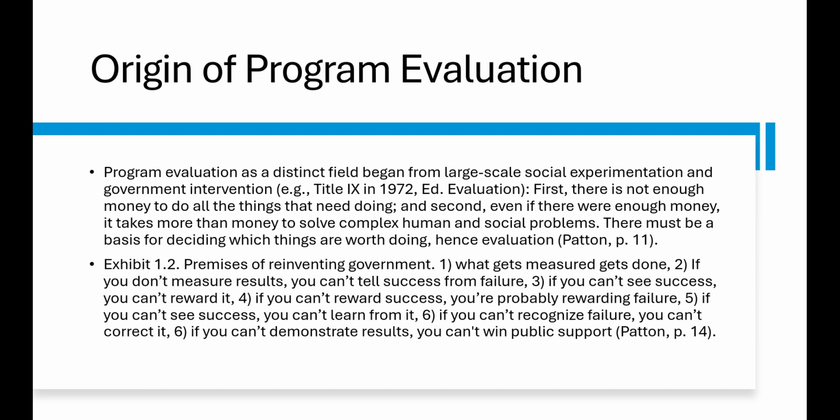So these were things learned through the government process of requiring evaluation, and these were the things to help identify opportunity and draw conclusions from that. So that's from Patton on page 14.